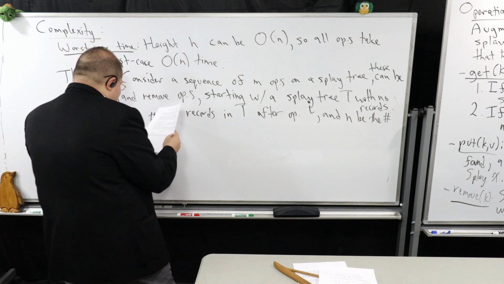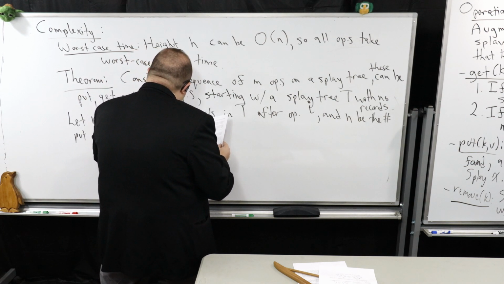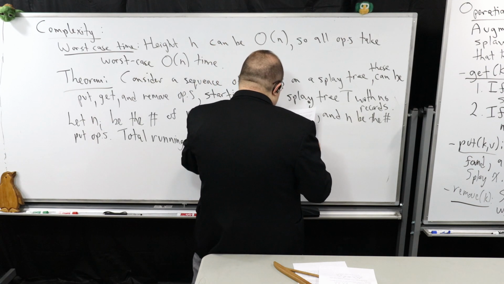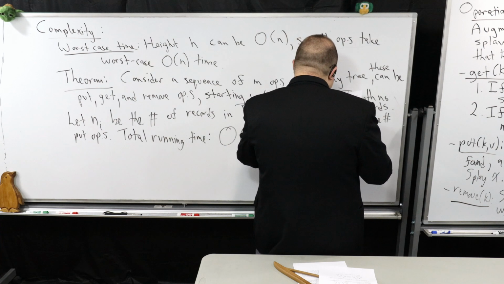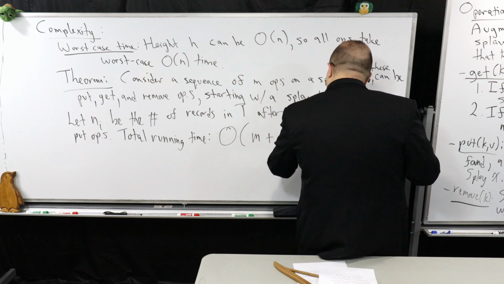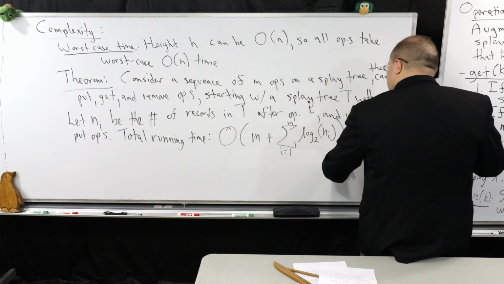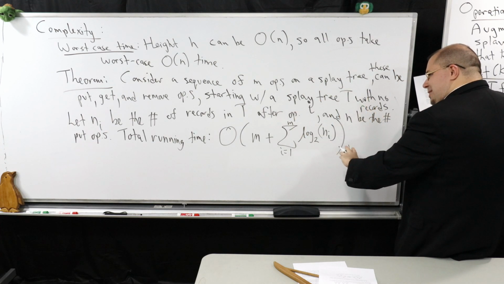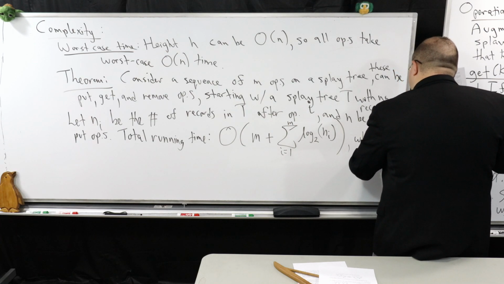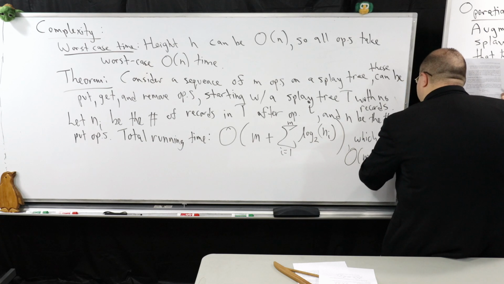I promise I'm going to be done here. The total running time is going to be big O of M plus the sum from i equals 1 to M of log base 2 of N_i. So this is the total running time if I do M operations. Now you can simplify this down, which is big O of M log base 2 of N.